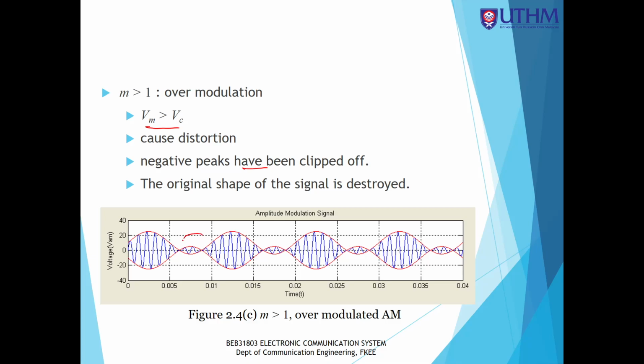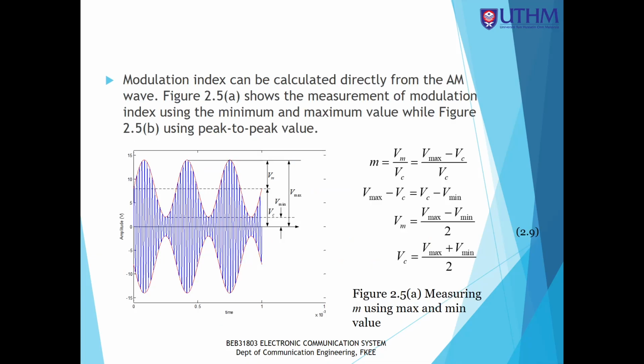The clip off is this one. The negative and positive peaks have been clipped off. So you see that the original shape of the signal is destroyed. This has caused distortion, so ideally, we don't want this to happen. In practical cases, normally we use undermodulation or ideal modulation.